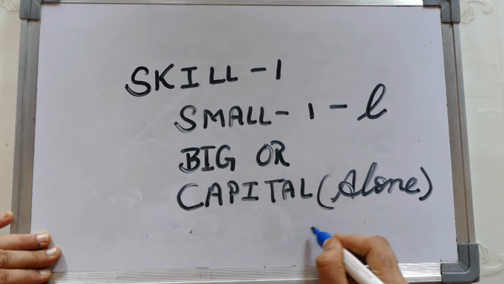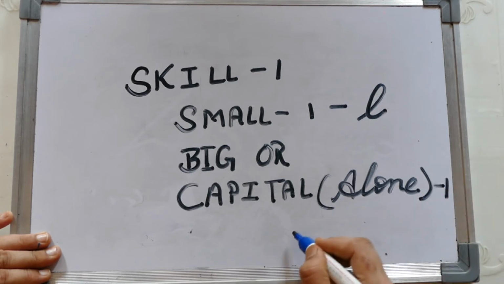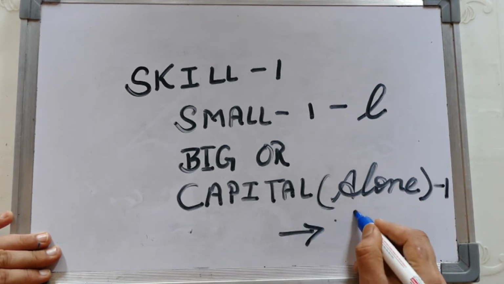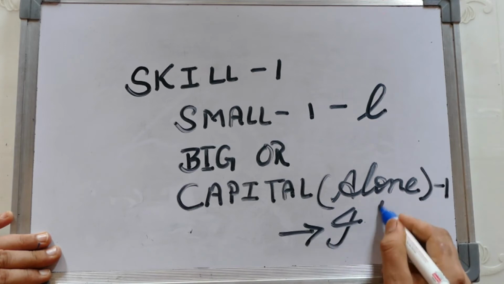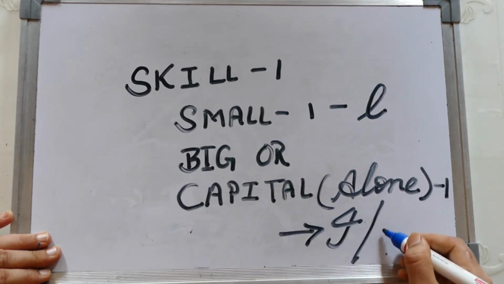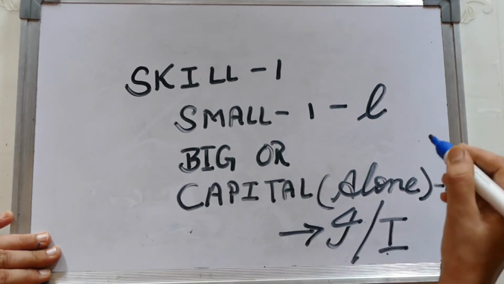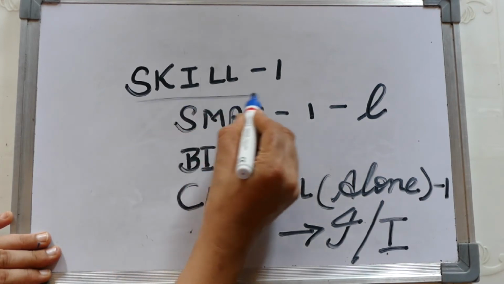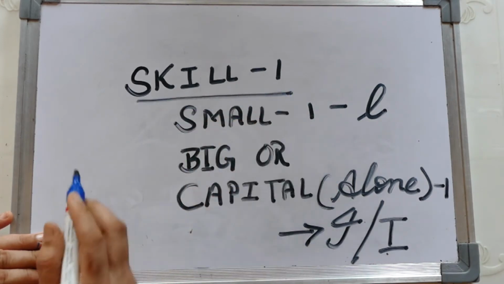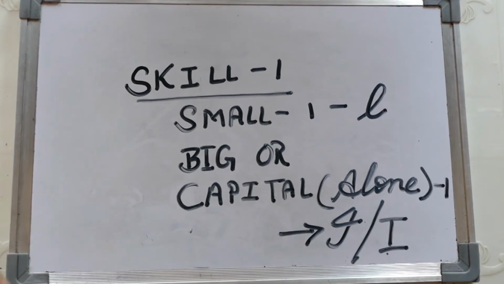That one is called I. I hope skill 1 is clear to everyone to improve the reading skill. Now we will do second skill.